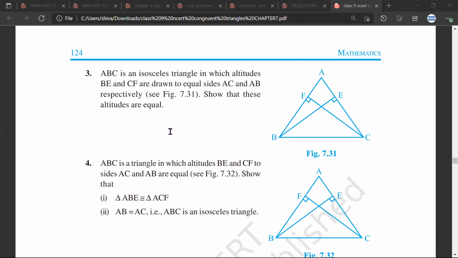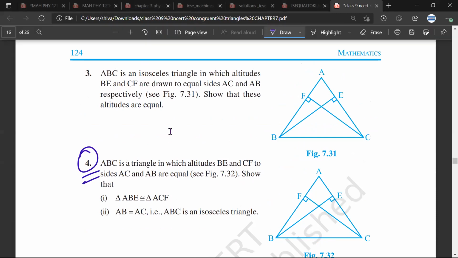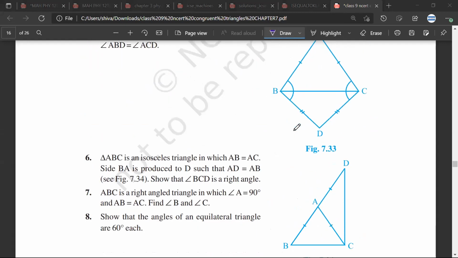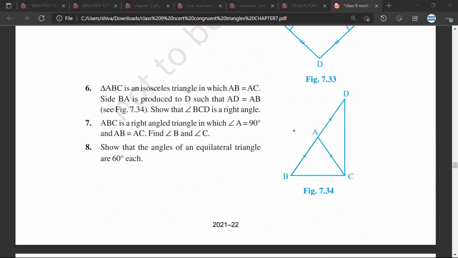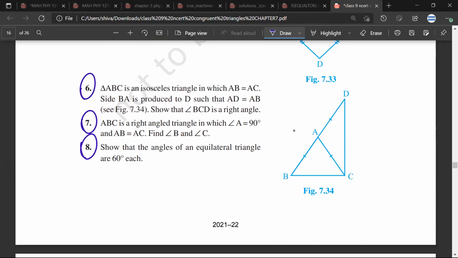Question numbers 4, 6, 7, 8. The PDF is already shared with you.